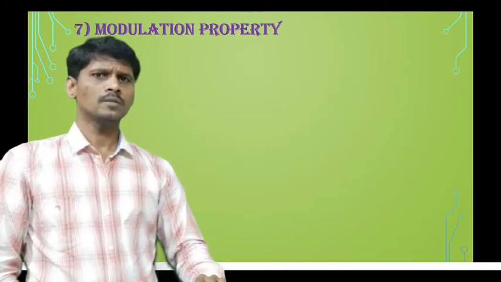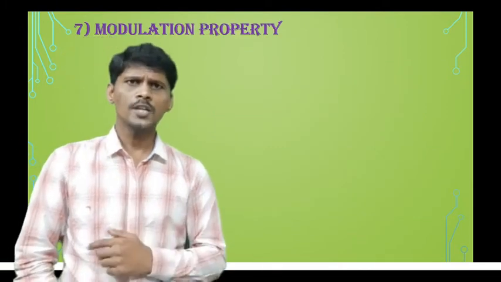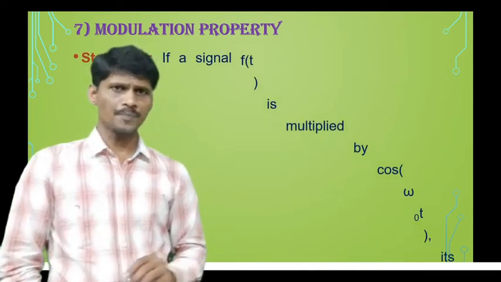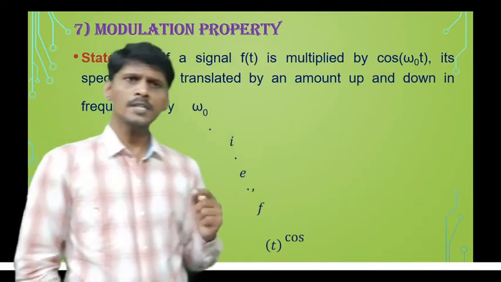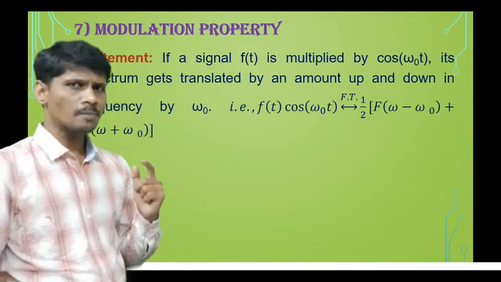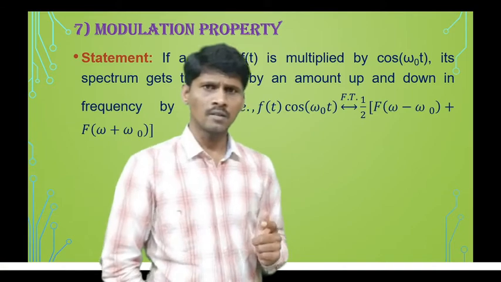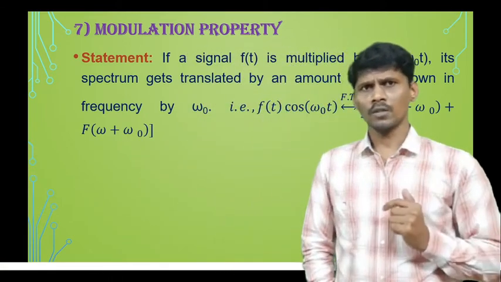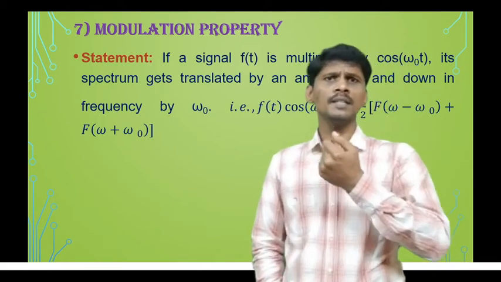So now coming to the next property, the modulation property. What is the statement of the modulation property? If a signal f of t is multiplied by cos omega naught t, its spectrum gets translated by an amount up and down. Up means increasing, down means decreasing.